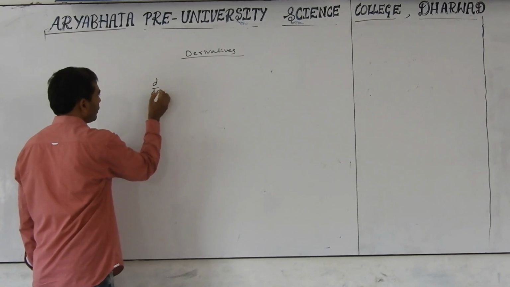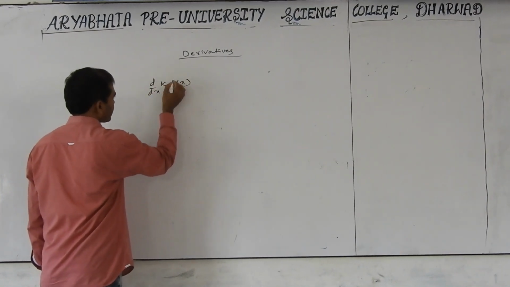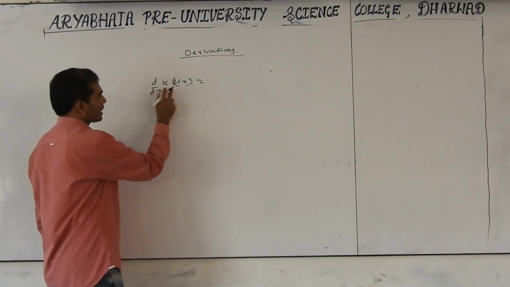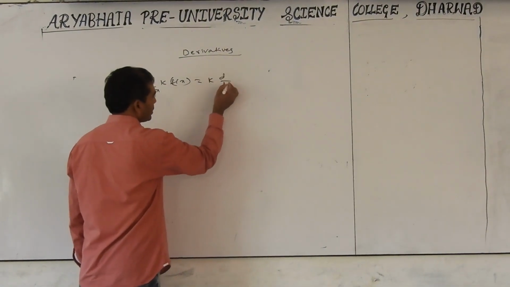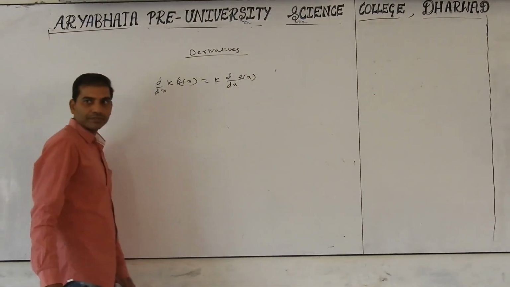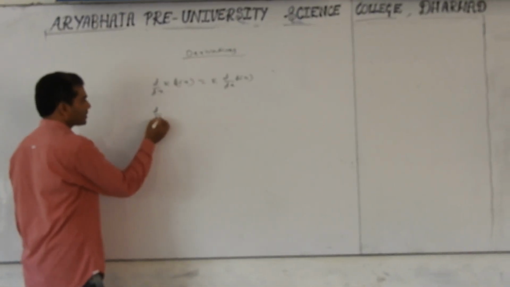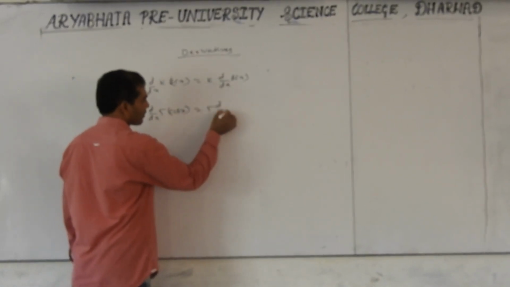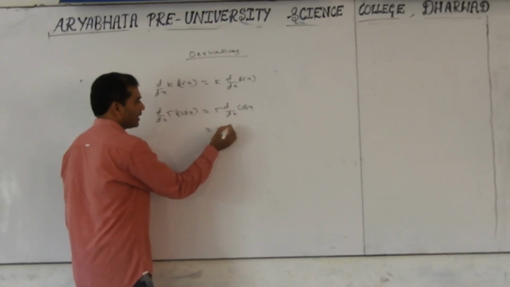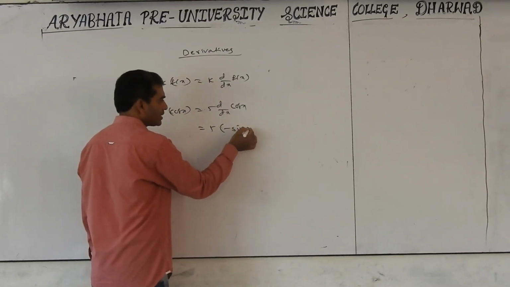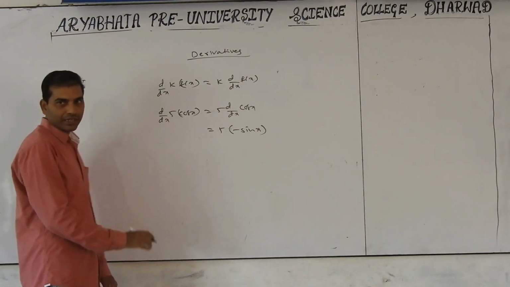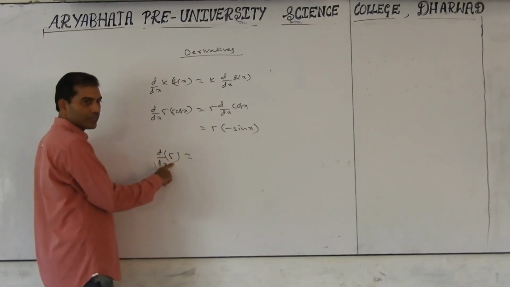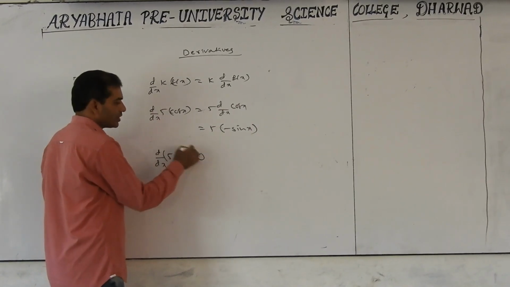Now d by dx of k into f of x, by the properties of algebra of derivatives, equals k into d by dx of f of x; the constant k is taken out. For example, d by dx of 5 cos x: take 5 out, so 5 into the derivative of cos x, which is minus sin x, gives minus 5 sin x. d by dx of 5, which is a constant, is 0.